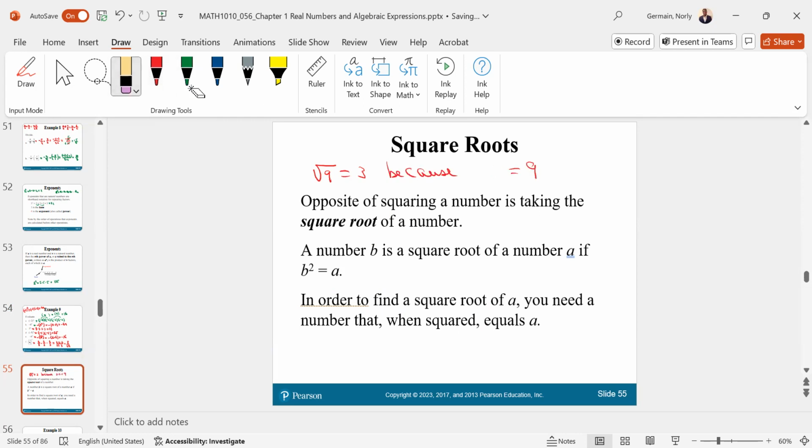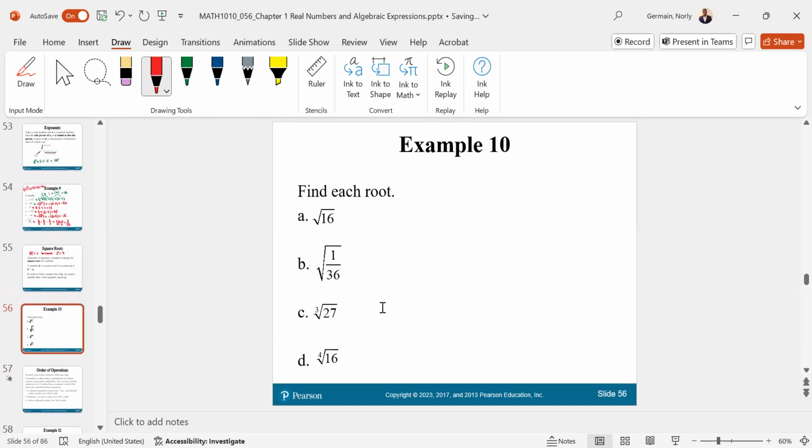Or we can say 3 squared is 9. In order to find the square root of A, you need a number that when squared is equal to that number. But of course, that's why we have a calculator for. I know we're gonna cover a lot of examples later about square roots, because there is a chapter just on this. But a number that you can raise to power 2 to obtain 16 is 4. 4 squared is 16.